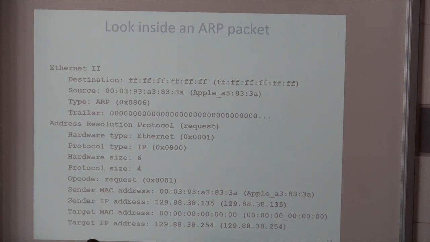For IPv4, this is how they look with Wireshark. So this is an ARP packet. We see it's an Ethernet packet with that source and that destination, which we see is FFF. Inside the Ethernet packet, we see type ARP.